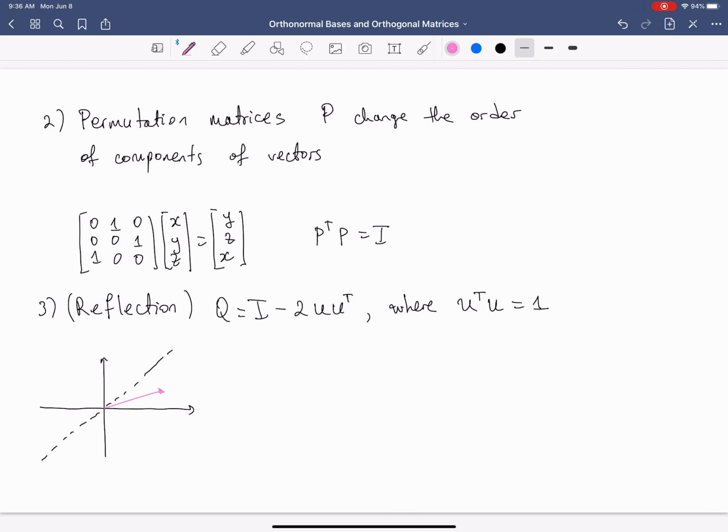So how do you reflect? Well, you treat this dashed line as a mirror, and you reflect about it to get this vector. This is what you would call a reflection in geometry.